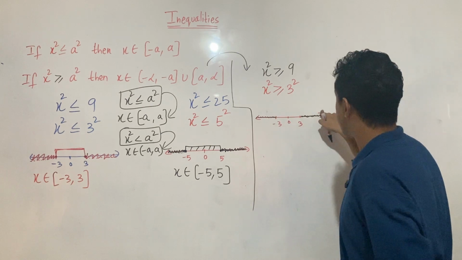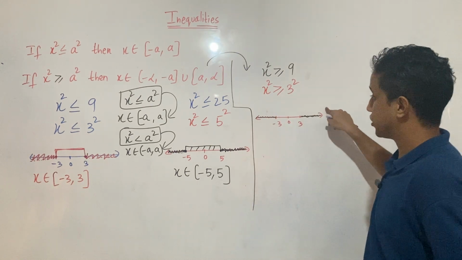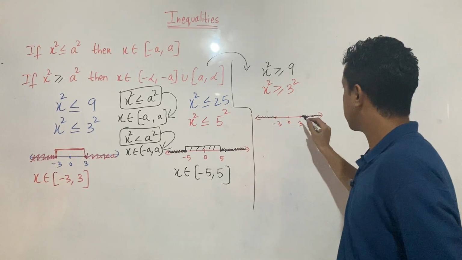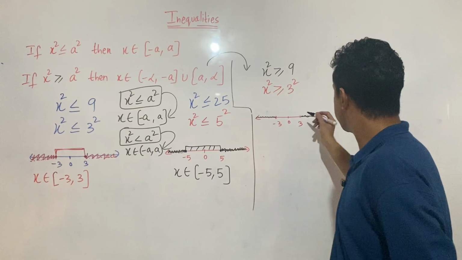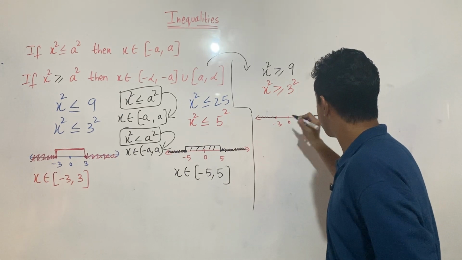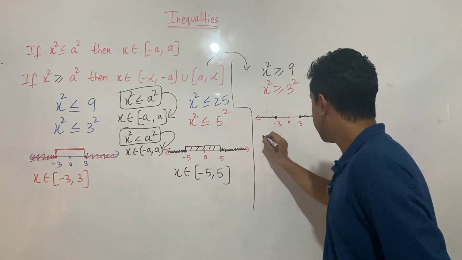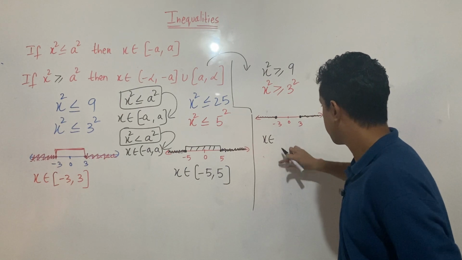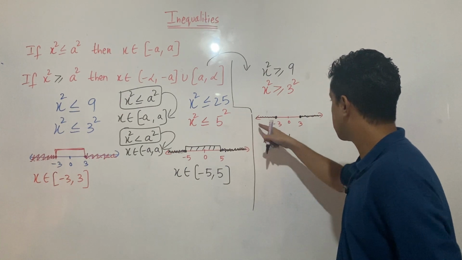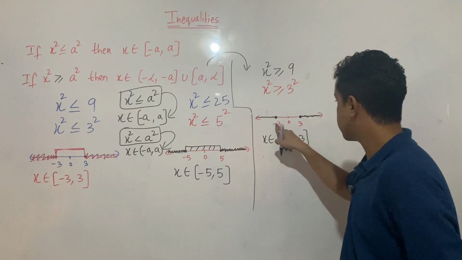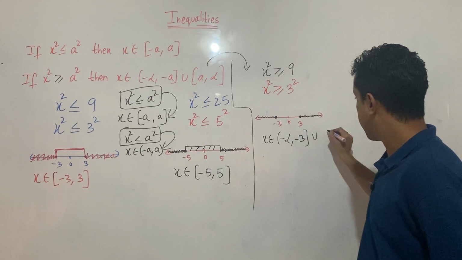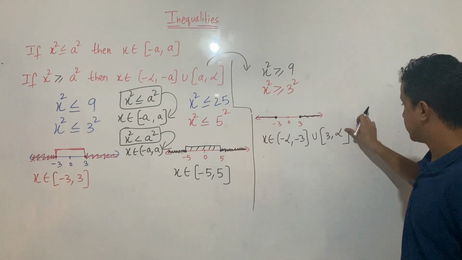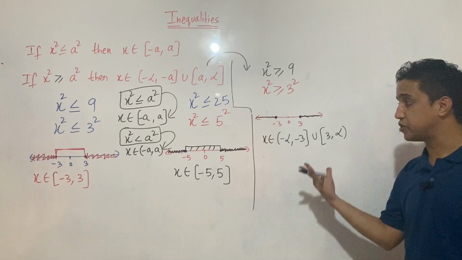For this region, x square is going to be greater than 9. We have to include the endpoints here, because we have equal to, so I will use solid dots. So x would be from minus infinity to minus 3, where minus 3 is included, union, and from 3 to infinity. I hope you understand this.